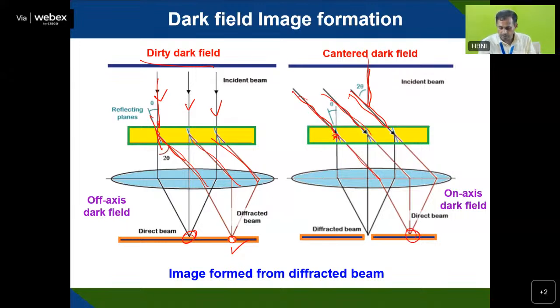But the diffracted beam falls here and goes straight through the aperture, like a bright field one, as discussed. This is called center dark field image.